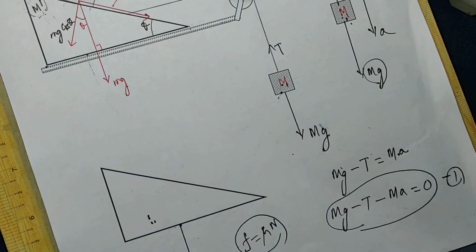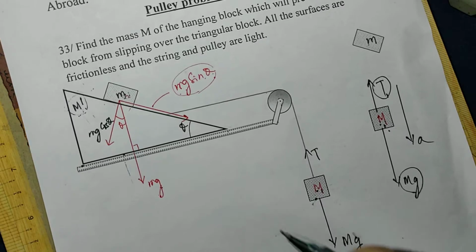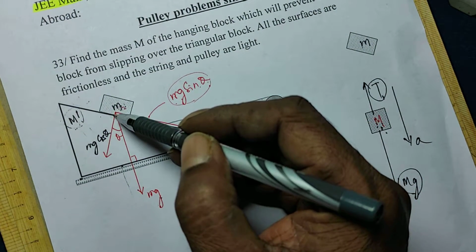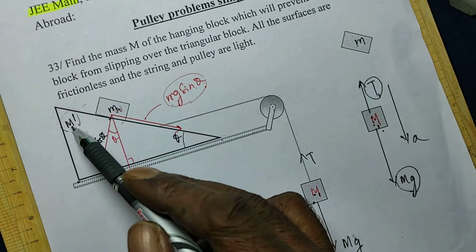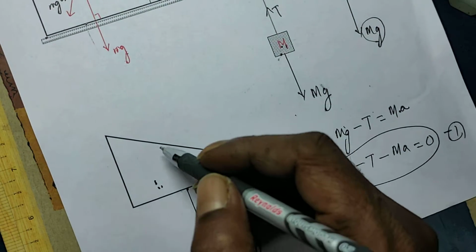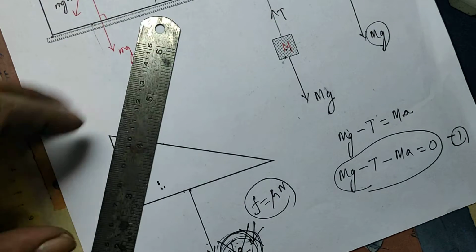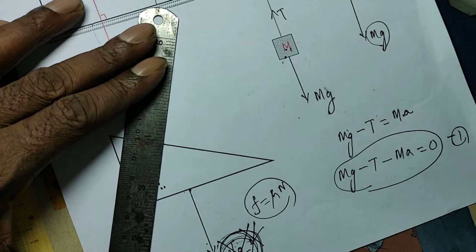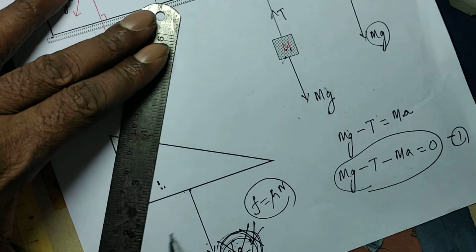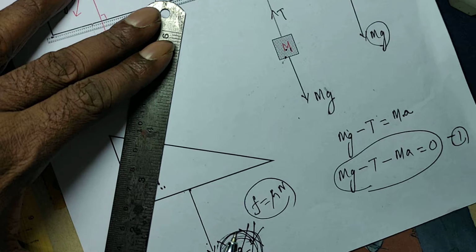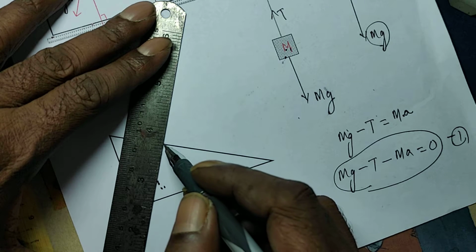Now, what I have to consider: look at the point of contact between the small block of mass m and m dash. I consider a point of contact here. There will be some action force normal to this surface, let me show it here like this.